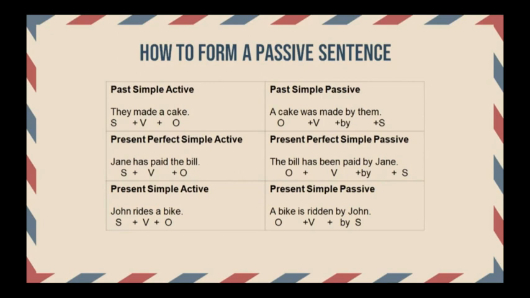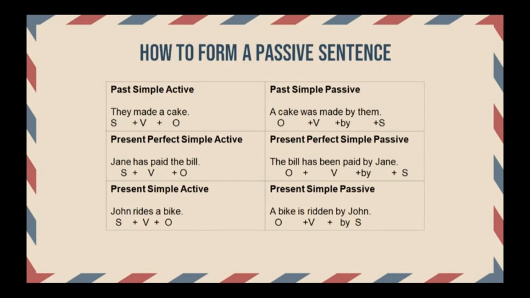Then present perfect simple active. We have the sentence, Jane has paid the bill. Jane is the subject, has paid is the verb, and the bill is the object. But in the passive voice, the bill is the subject of the passive sentence, has been paid is the verb, then we have by and the subject Jane.